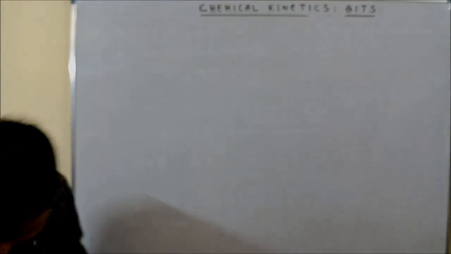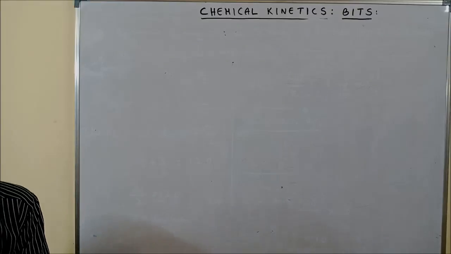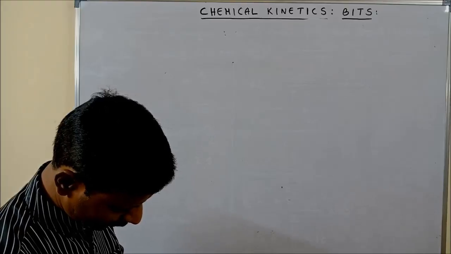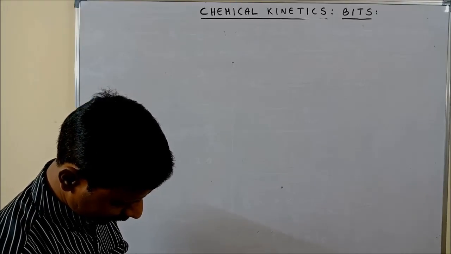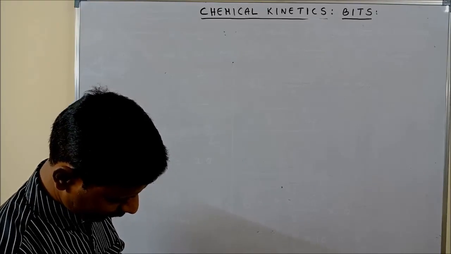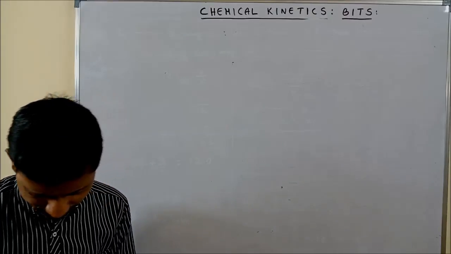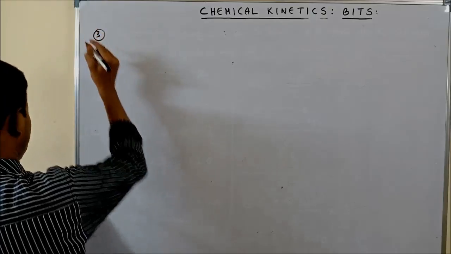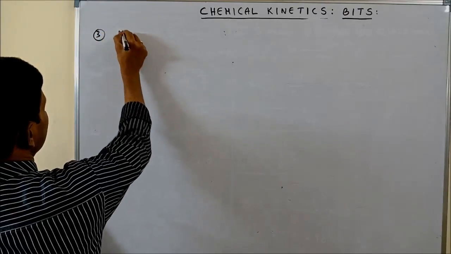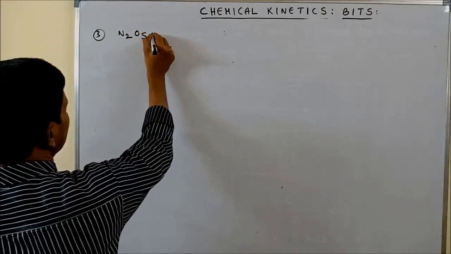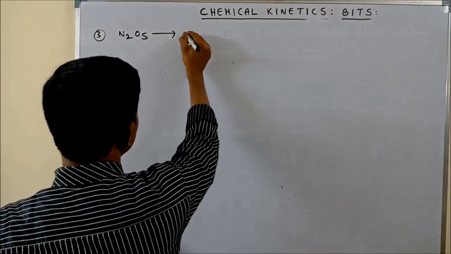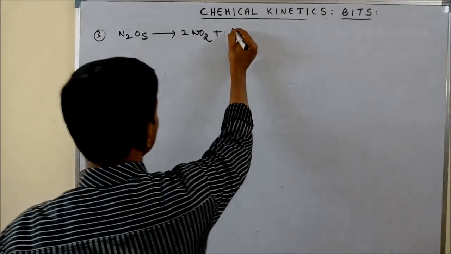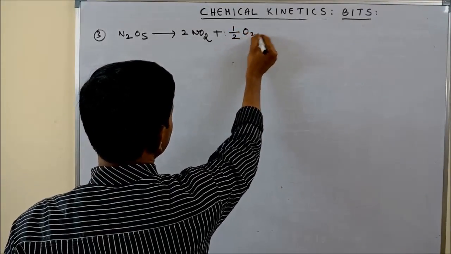Here, see, I will give a standard model. Imagine this is the question, the third one. Suppose the process is like this: N2O5 gives rise to 2NO2 plus half O2. This is the equation.